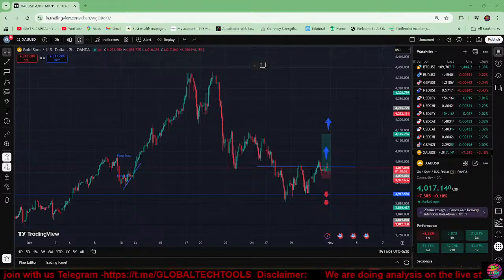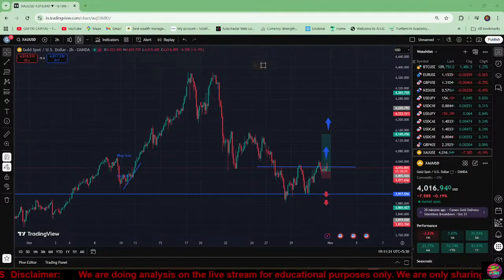So for example, let's say you were to have the chart like this, and you were to only have these 2 and you would not have this and you wouldn't have any of these. You cannot use this as an area of interest because it only has 2 touches. It does not have 3 touches. This is a touch as a support level. But since you are at a resistance level, you're interested in selling.